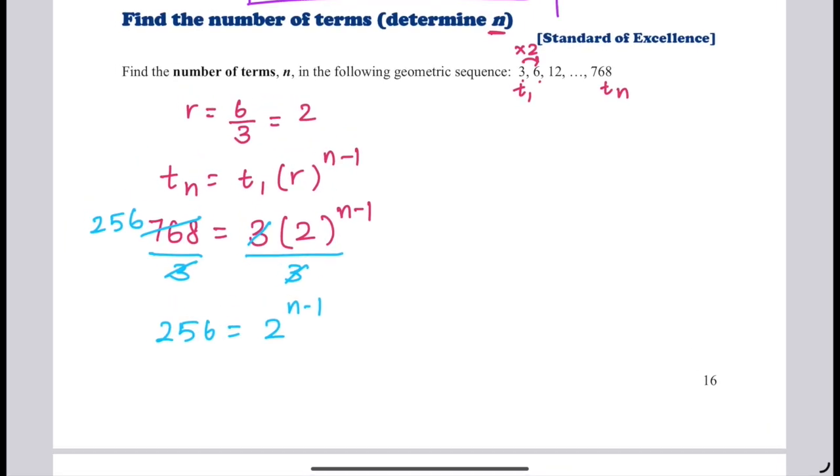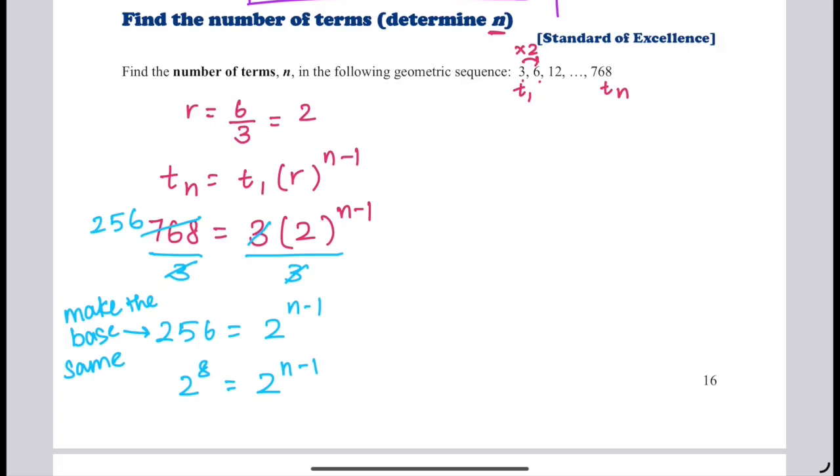Now this is grade 10, right? Because you have an exponent where you don't know what the exponent is. What will you do to figure out what n is? Make the bases the same, right? And the powers will be equal, exponent laws. So 256 can be written as 2 to the power of 8. 2 to the power of n minus 1.